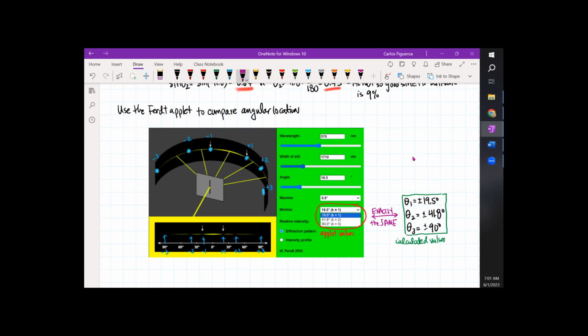And they should be the same. And the reason why they're the same here is because minima equations are exact. They're not approximations like we've been talking about for maximas.